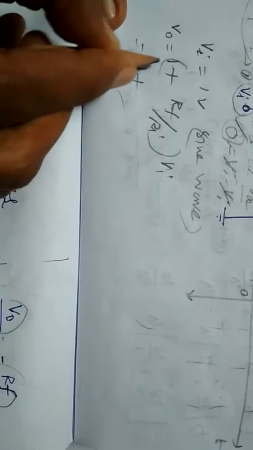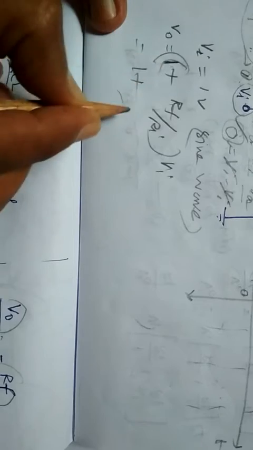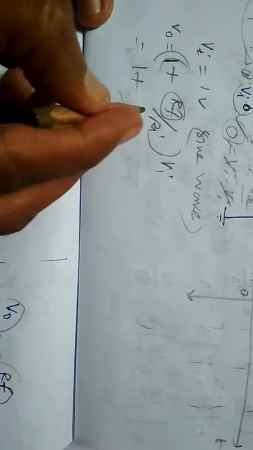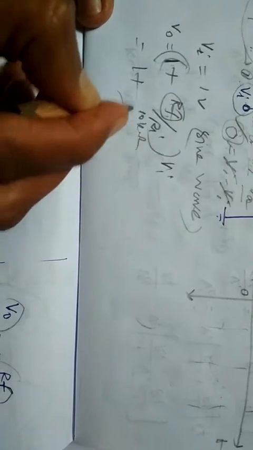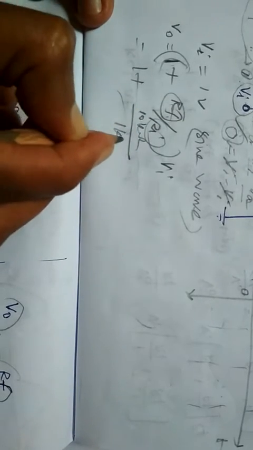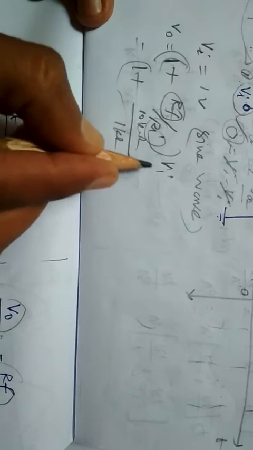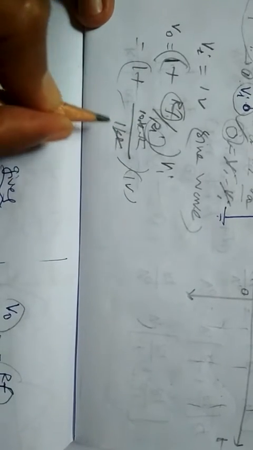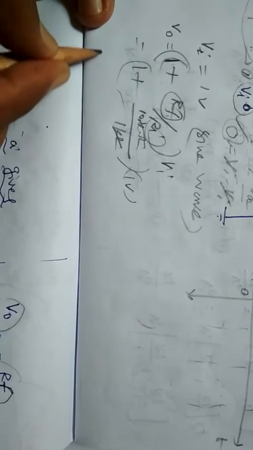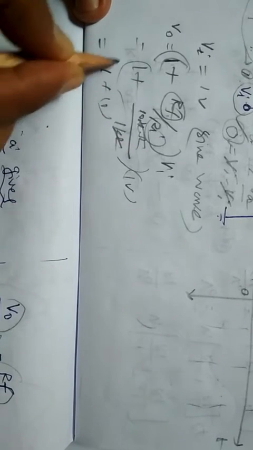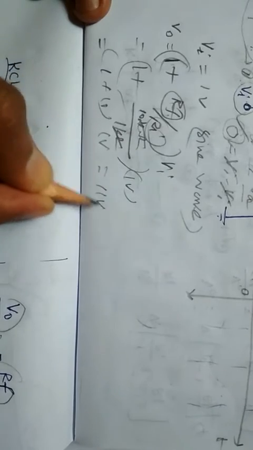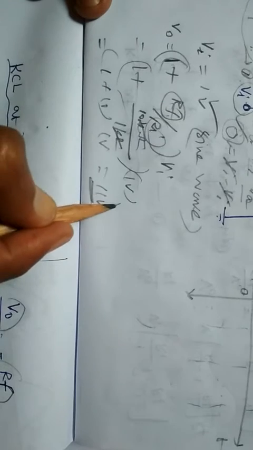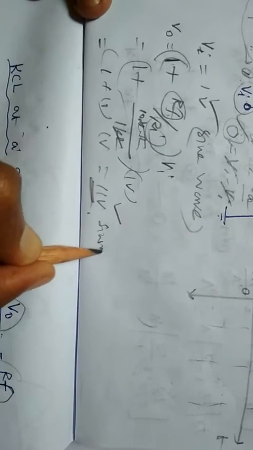So here, 1 plus RF, if you choose RF equals 10 kilo ohm, divided by RI of 1 kilo ohm, into the 1 volt sine wave. The kilo ohm cancels, 10 by 1 is 10. So 1 plus 10 into 1 volt gives 11 volts. For a 1 volt sine wave input, you get an 11 volt sine wave.